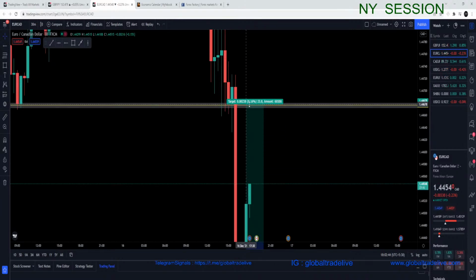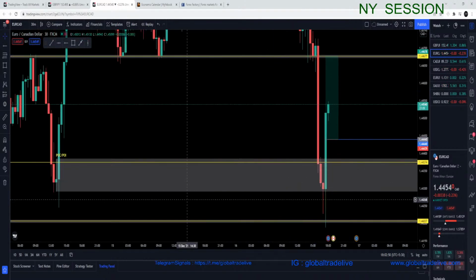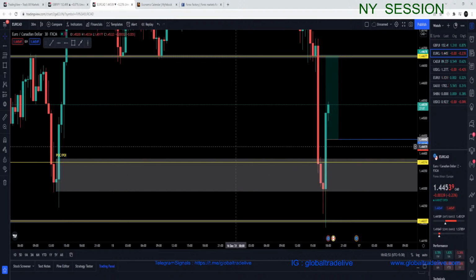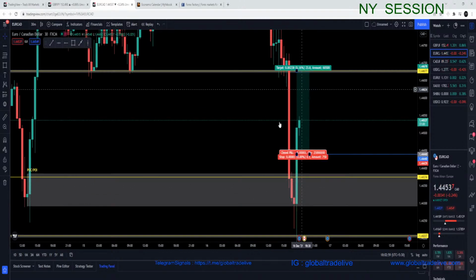Now I'm shifting my TP to this level, because if this is really a valid POC or POI, which it is, I think, because now the market is getting away from this level, right? It came down, now it's getting away. So that means it should be tapping this area at least.